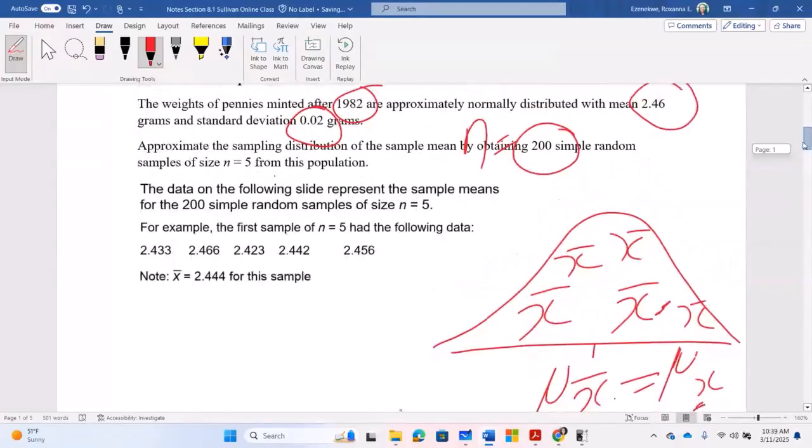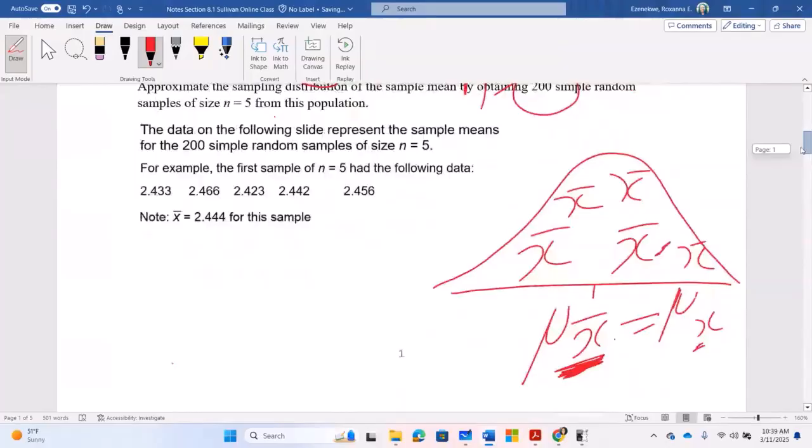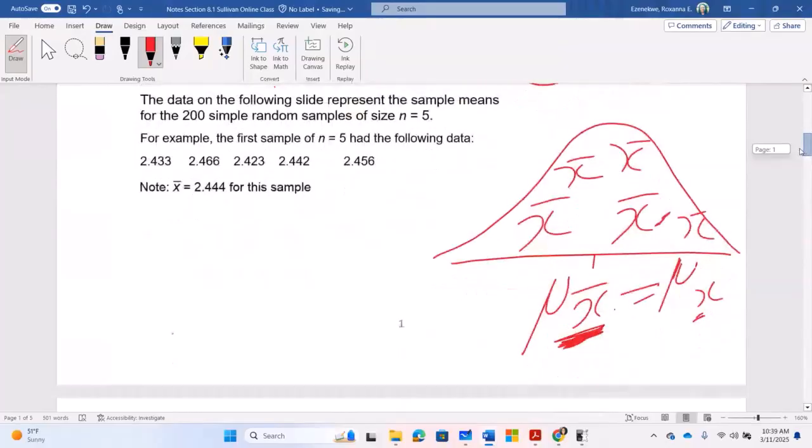So the mean of the original data, according to what they gave us here, is 2.46. So the mean here will be 2.46, and the mean here will be 2.46 also. They are equal, despite the fact that this is the central limit theorem.